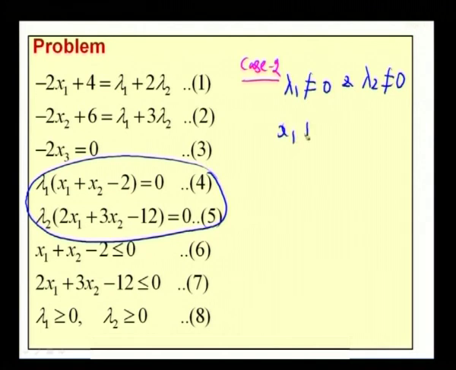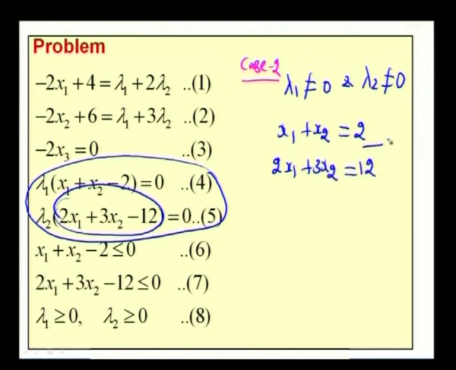Therefore, we have x1 plus x2 minus 2 equal to 0, which we write as x1 plus x2 equal to 2. Since lambda 2 is non-zero, this term should be 0. We write it as 2x1 plus 3x2 equal to 12. Now, we try to solve these two equations and get the values of x1, x2.